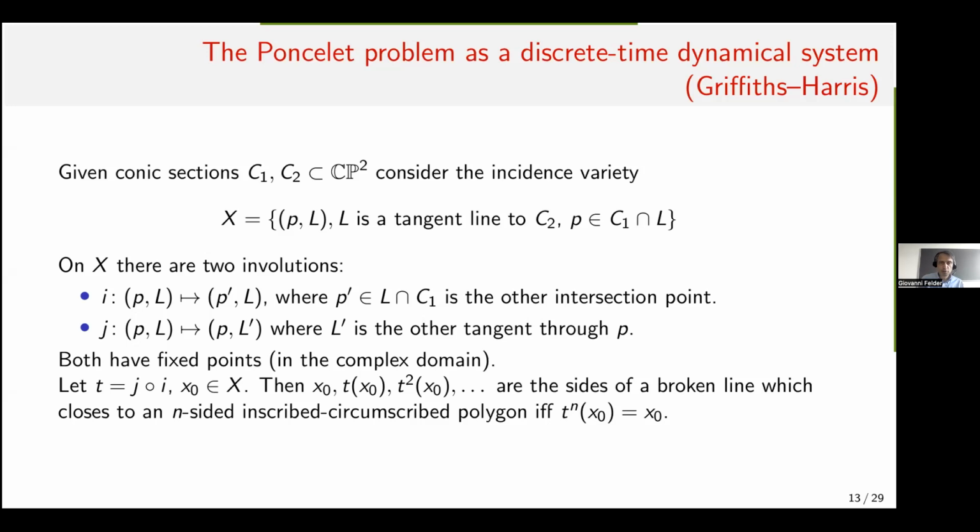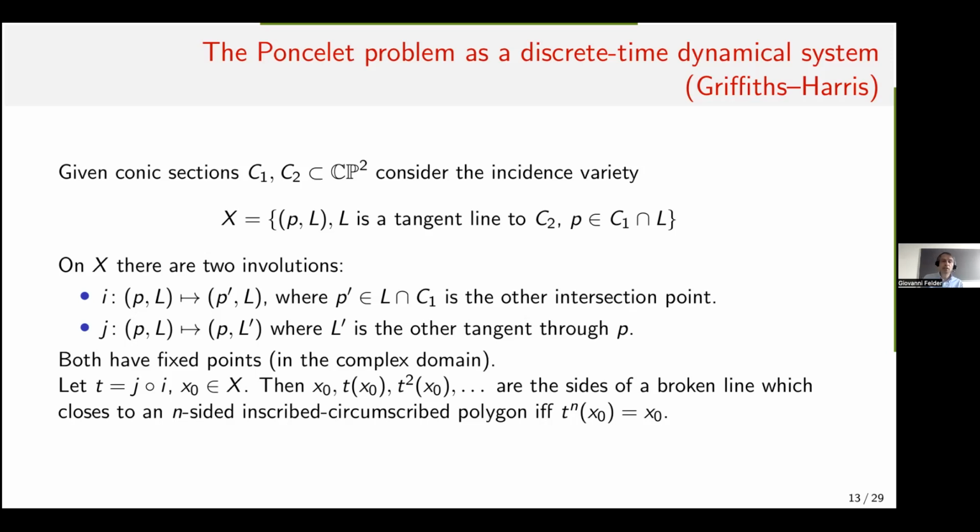So we have these two circles, C1, C2, and P is a point on C1, and L is a line which goes through P and is tangent to C2. Okay, so this would be the incidence variety, right? It consists of pairs consisting of a point and a line. The point is on the outer circle, say, and the line goes through the point and is tangent to the inner circle.